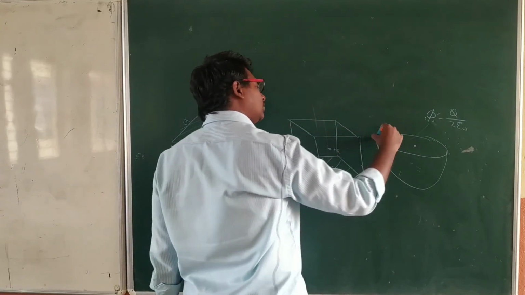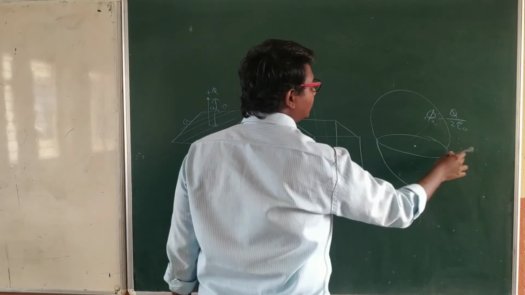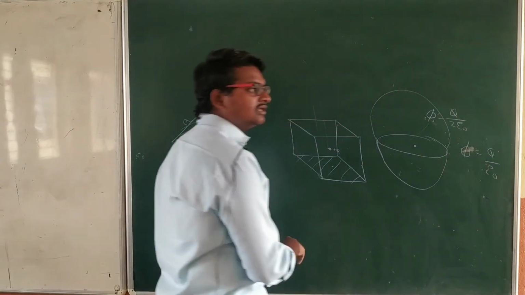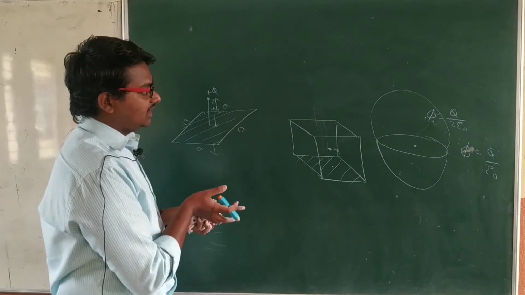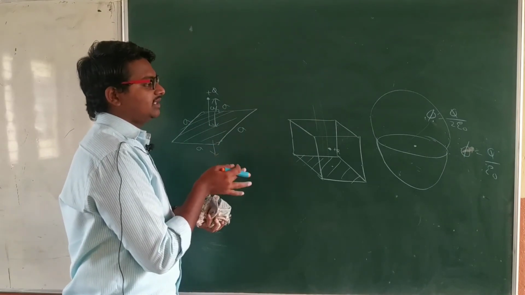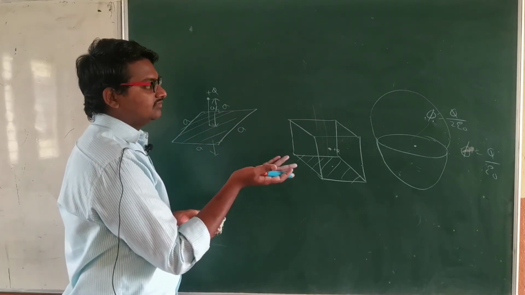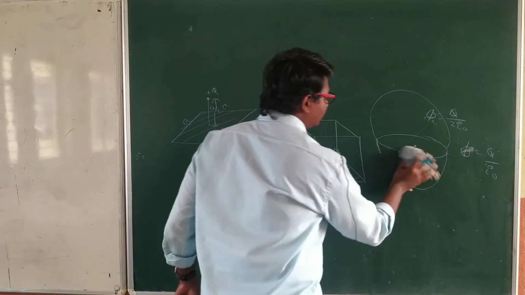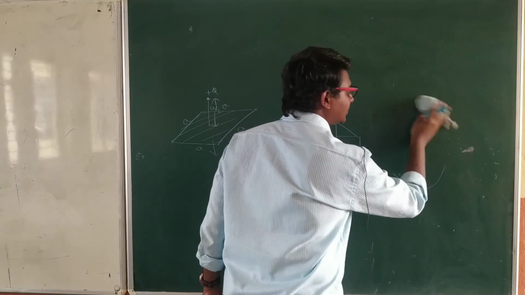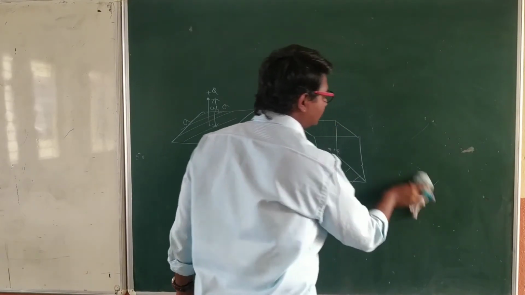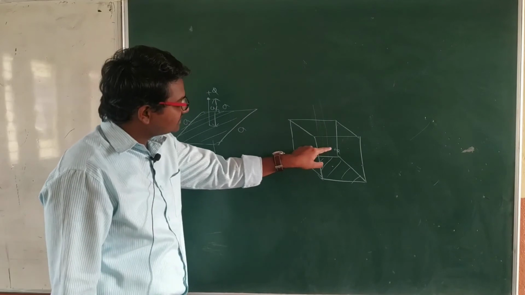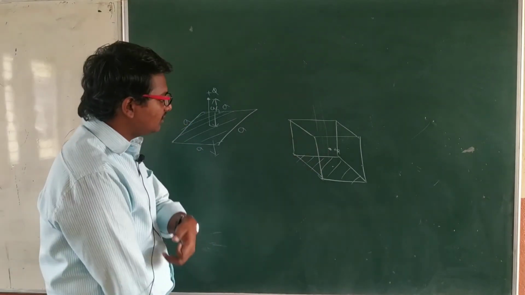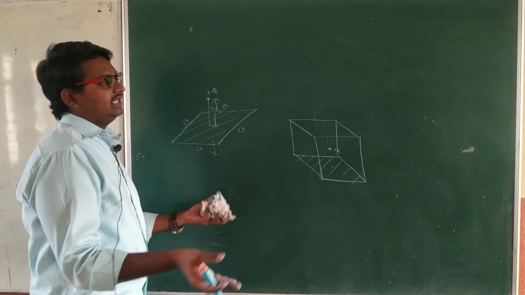If you consider the whole sphere, then we will get phi is equal to q by epsilon naught. Means for a complete sphere, phi is equal to q by epsilon naught. For half sphere, flux also became half. In the same manner, whatever the shape it may be, whether it is a spherical shape or cuboid or cube, if you keep any charge inside any closed volume, then it will come out radially only.